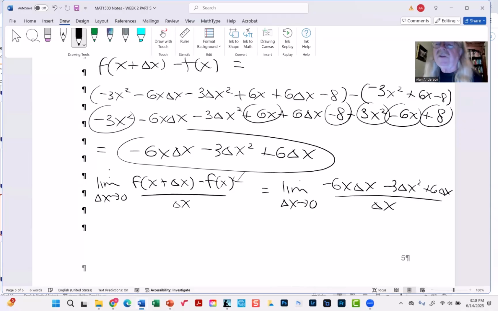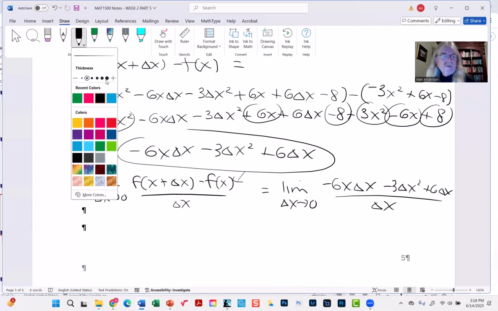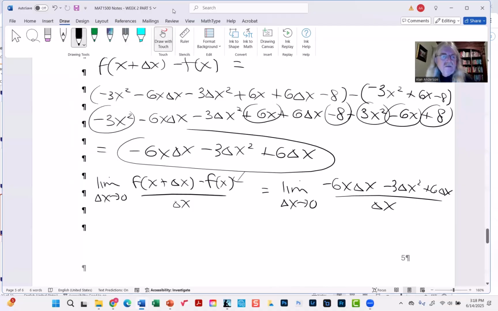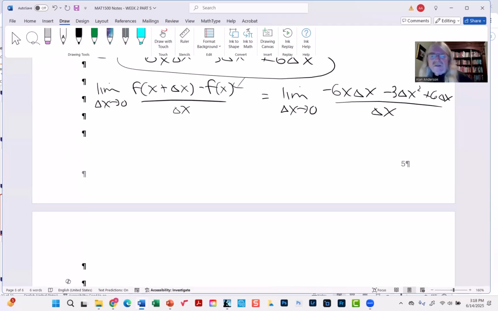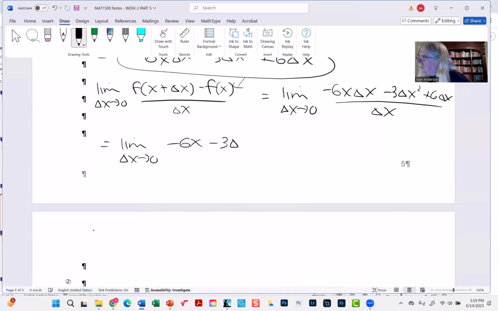As it turns out, every one of the terms in the numerator has a delta x in it, so this will reduce very nicely to, let's see, that gives us minus 6x minus 3 delta x plus 6.